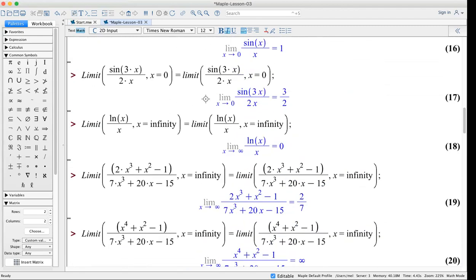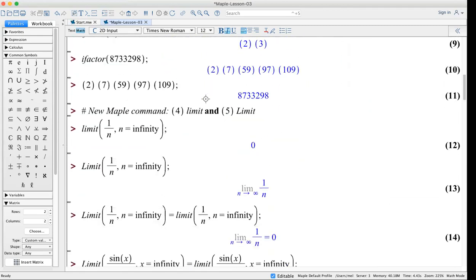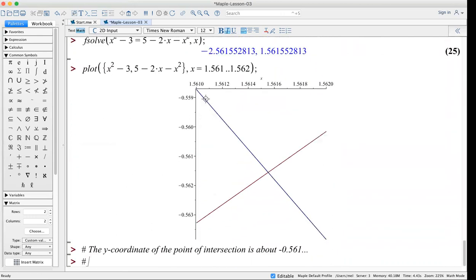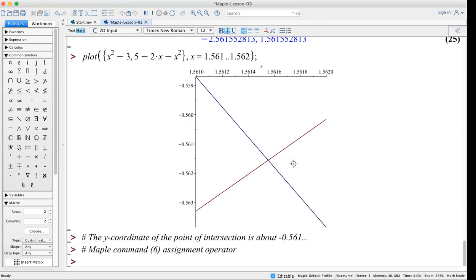So there's one more Maple command I want to introduce. This will be number 6. And this is what is called the assignment operator. So the assignment operator is a colon followed by an equal sign. That's the symbol.